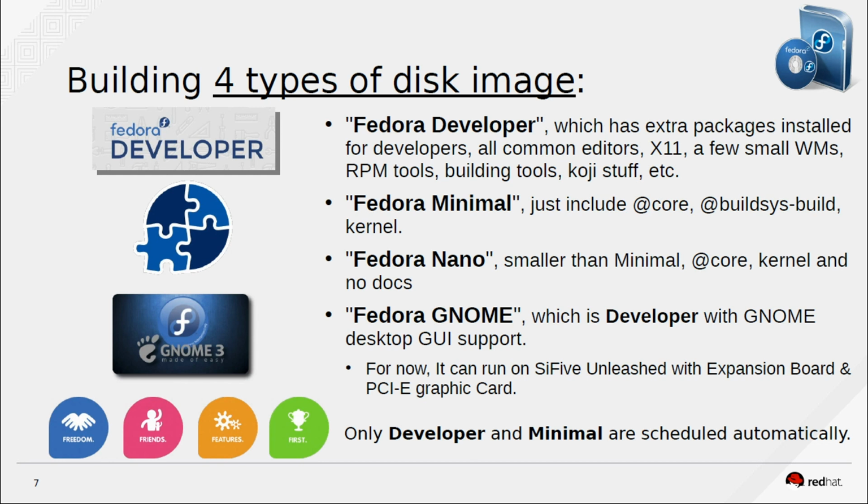It's imaging which includes all the packages in developer imaging, and then includes Genome desktop GUI support. If you got this imaging and you're lucky enough to get a HiFive Unleashed board with an extension board and a PCIe graphic card, you can run this Genome desktop on it.